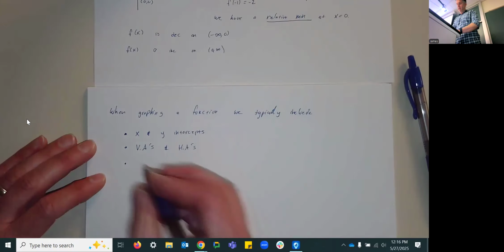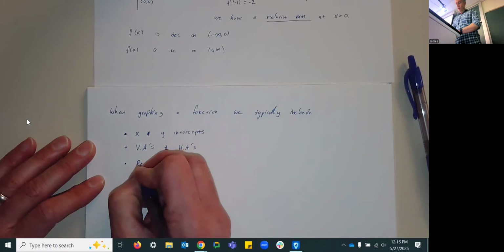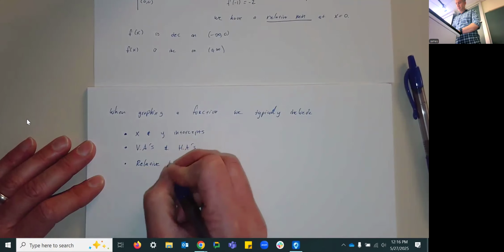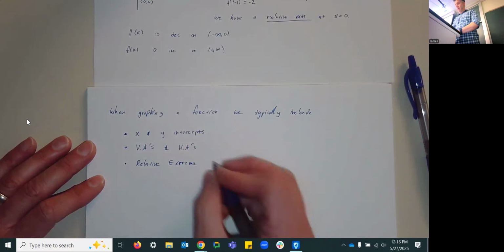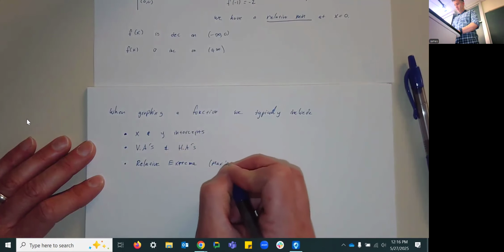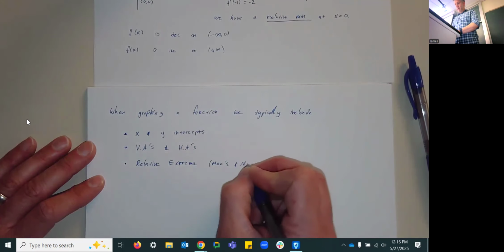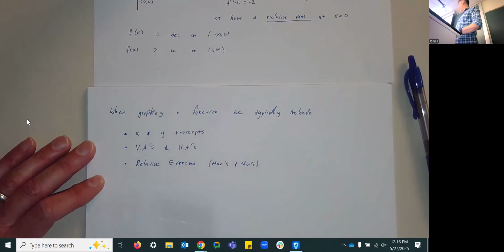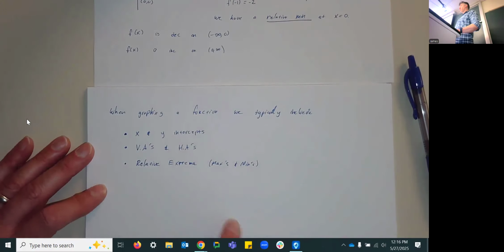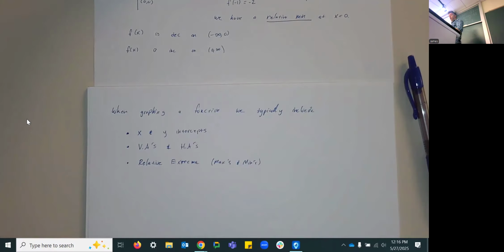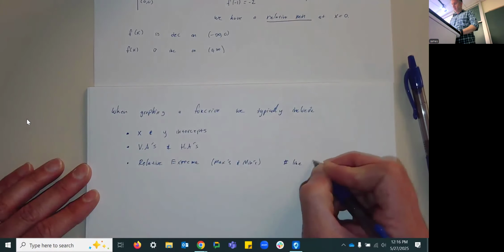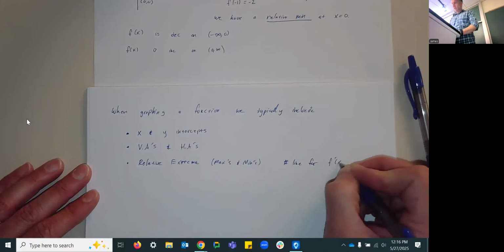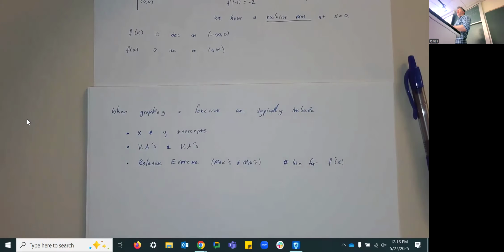And then we're going to look for any relative extrema, meaning looking for relative maxes and mins. I will also mention that this part of the problem, where you find the relative extrema by looking at the first derivative's number line, actually tells you a lot about the shape of the graph.